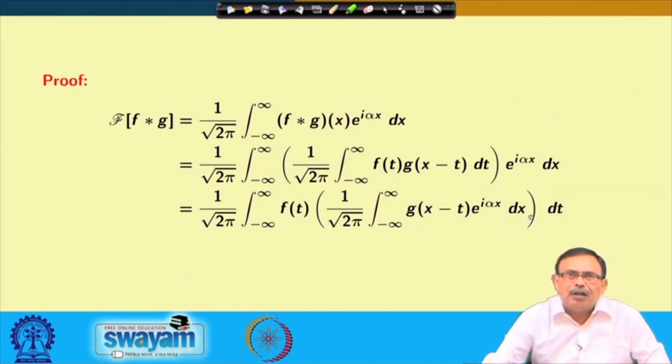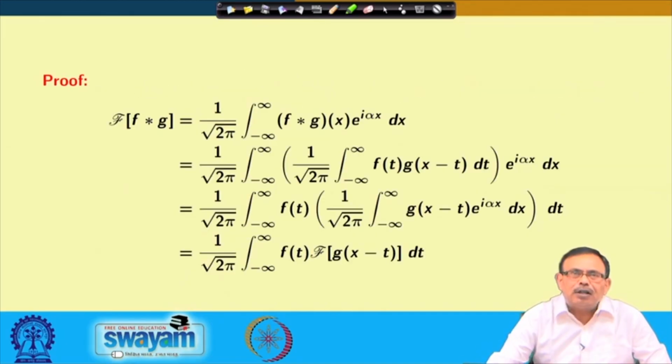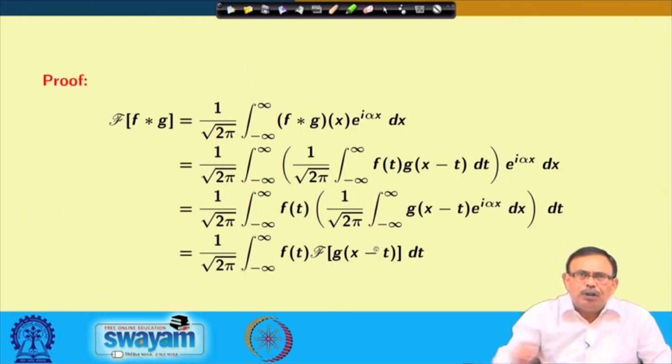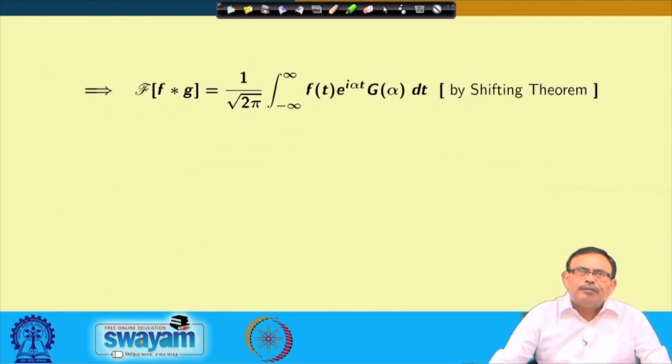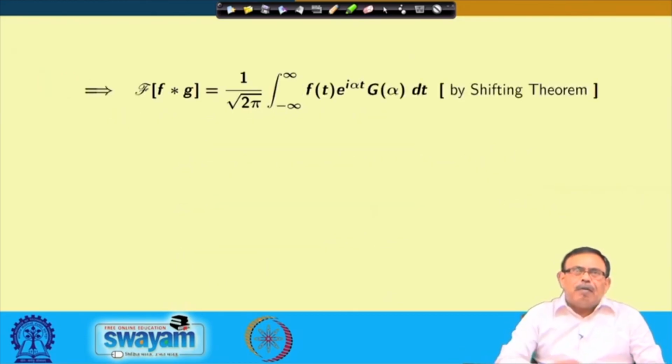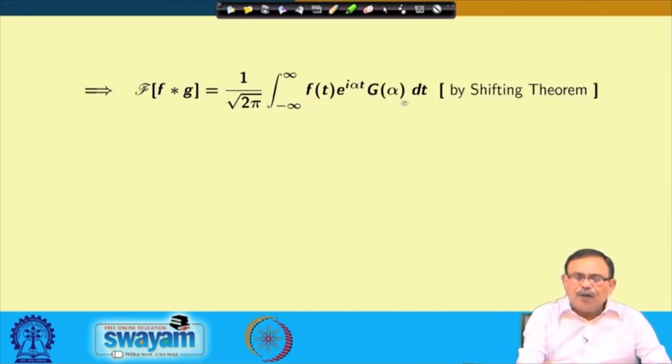and this integral I can write as f t into this integral, 1 by root 2 pi minus infinity to infinity g of x minus t e power I alpha x dx, which is nothing but Fourier transform of g of x minus t. Now, you use the second shifting theorem, theorem 2 of the shifting property, and you can write down this Fourier transform of g of x minus t as e power I alpha t into g alpha dt.